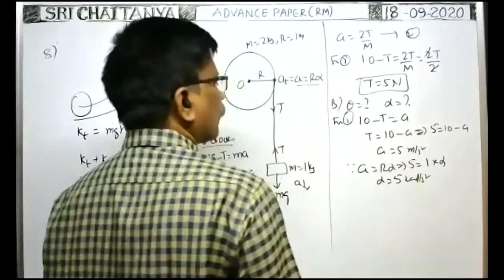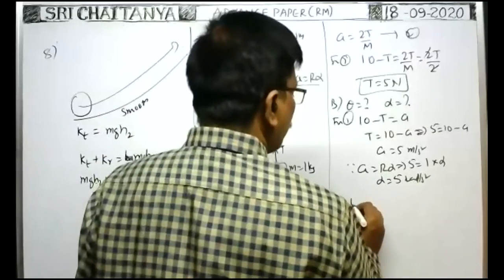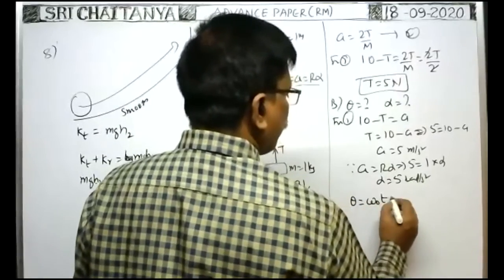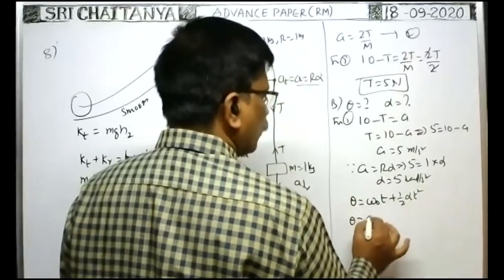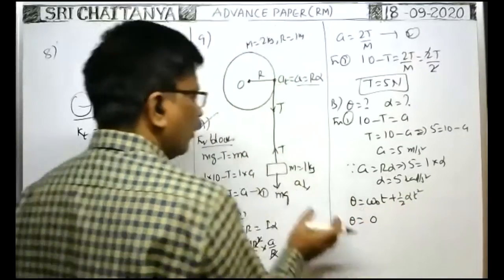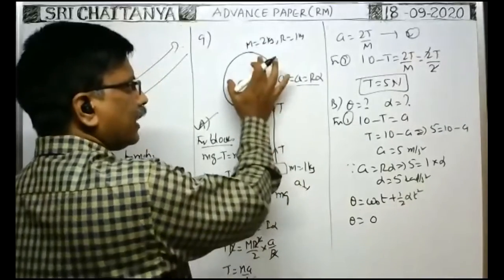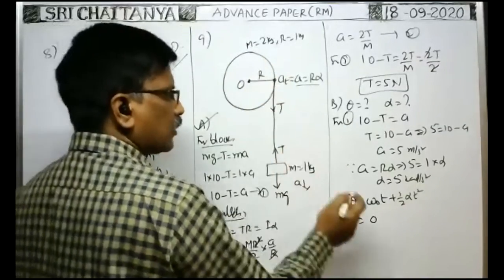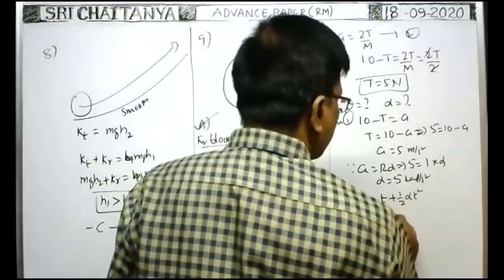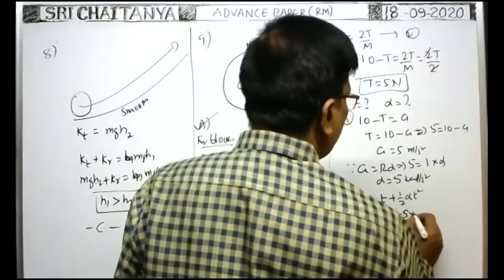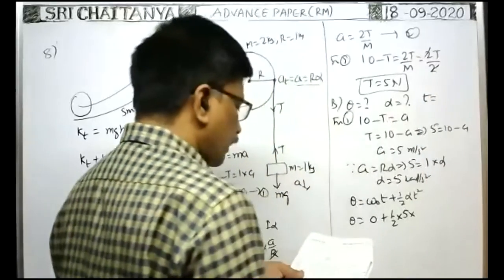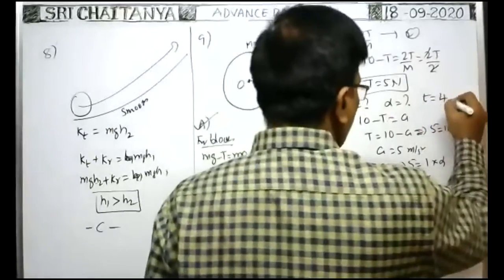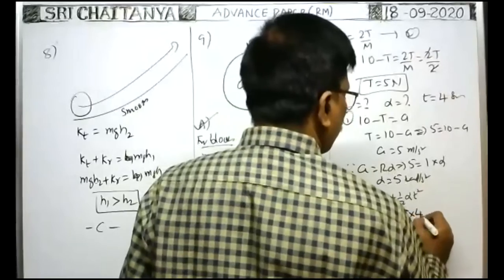Angular acceleration we got. Now angular displacement theta is equal to initial angular velocity into time plus half alpha t square. Initial angular velocity is 0, because whenever the block is released, at that time this disk is not rotating. Plus half into alpha, which is 5, into t square. They asked for the angular displacement after 4 seconds, so t is equal to 4 seconds, 4 square.